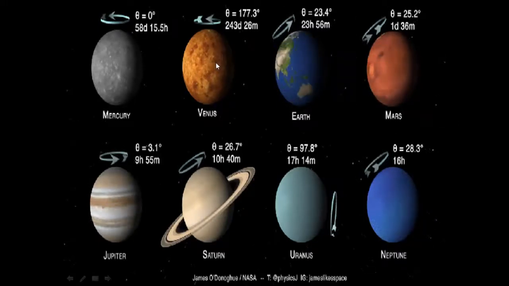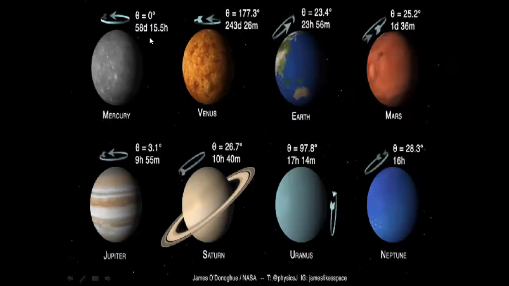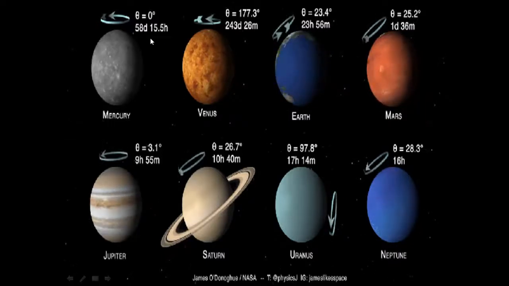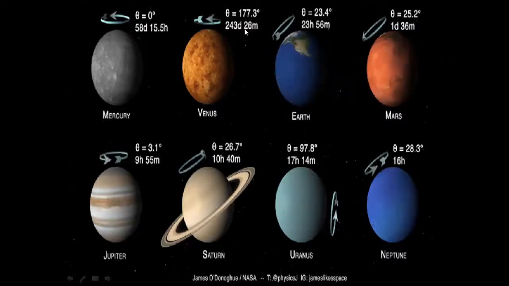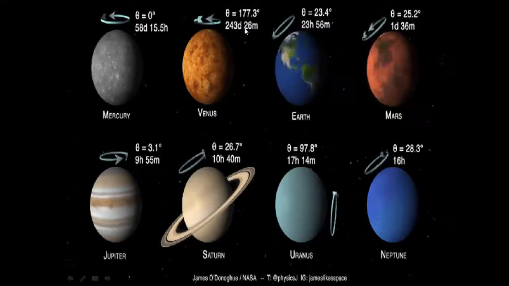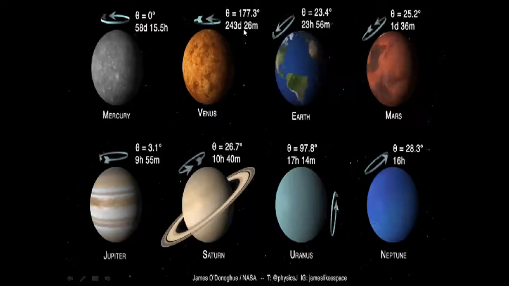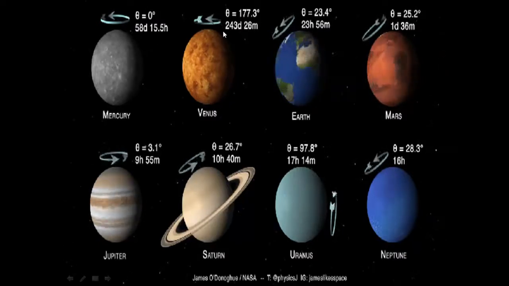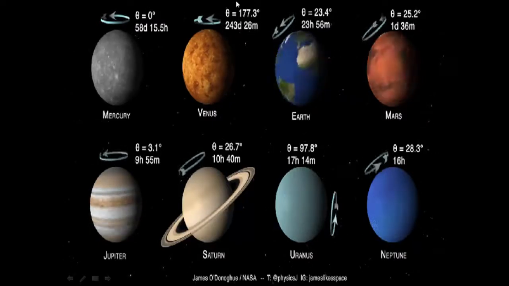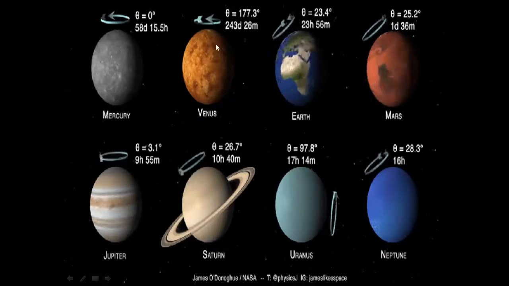Now if we want to compare the rotational time of each planet, as you can see, it is 58 days for Mercury to 243 days for Venus. So the maximum amount of time taken by any planet to rotate around its own axis is by Venus. It shows the slowest rotation, approximately 243 days.